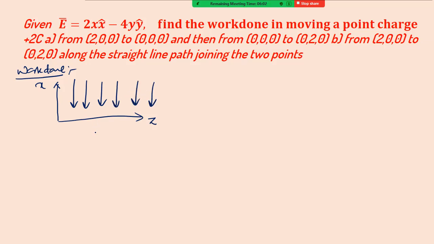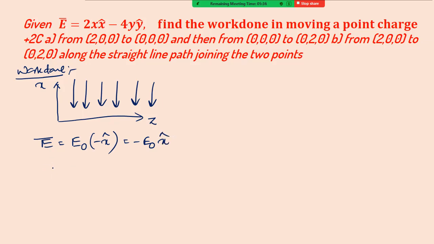It is downwards and it is uniform, that means constant. So the electric field E bar, because it is constant, I'm equating to one number E naught, and its orientation is in the negative x direction. Okay, positive x direction is upside, negative x direction means downside. So it is equal to minus E naught x cap.